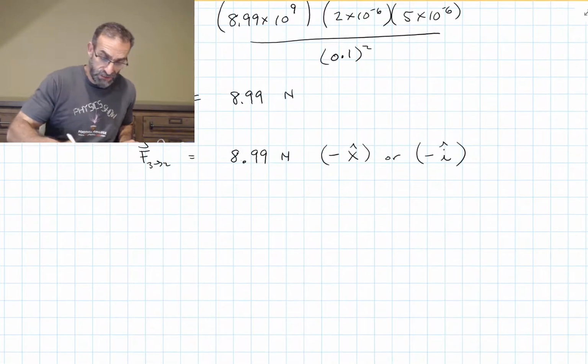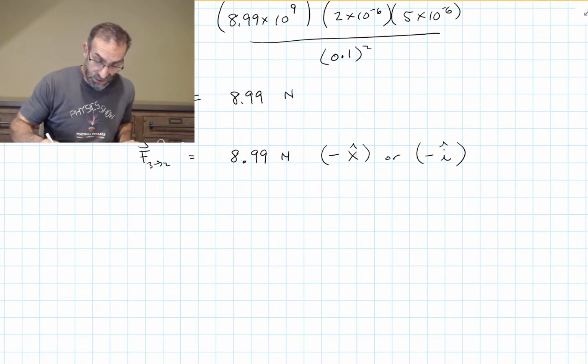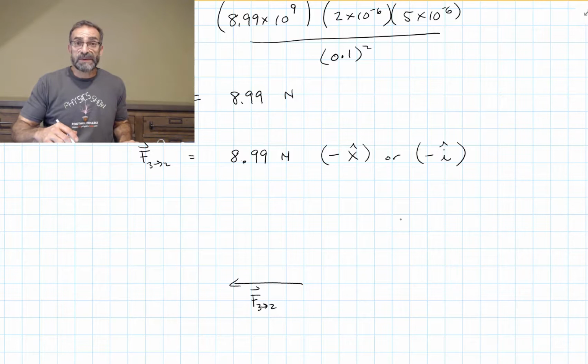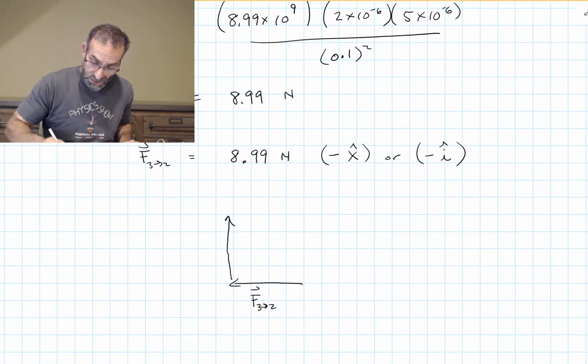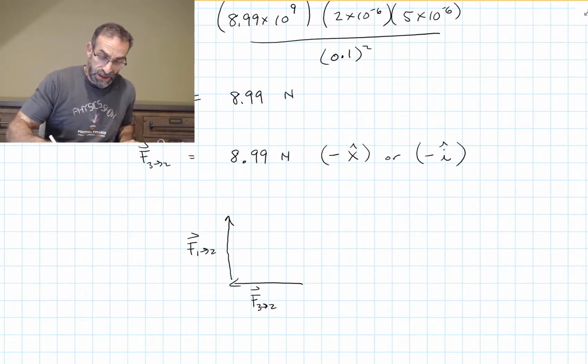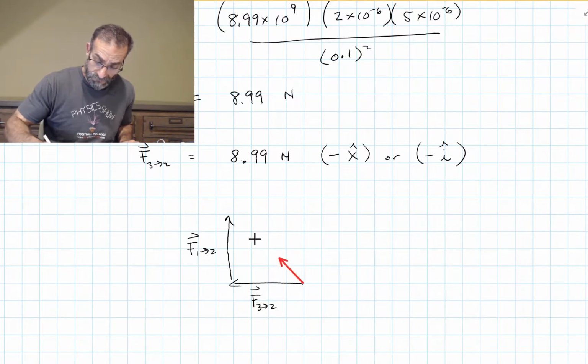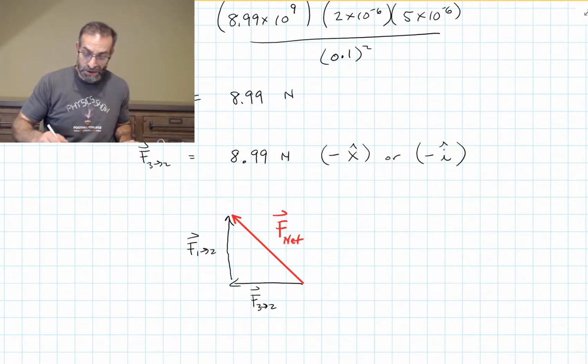So to get the net force, we would add these together. We would have a force of F3 acting on 2 plus the force of F1 acting on 2, and that would give us this net force acting on charge 2.